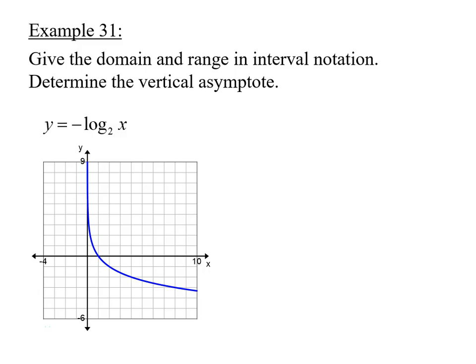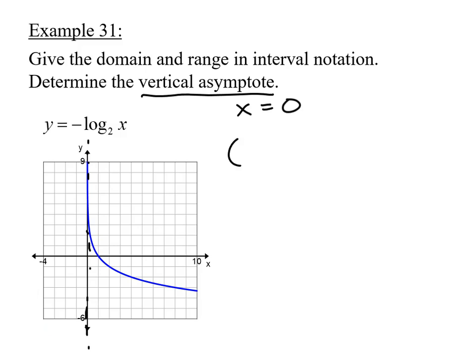So here we're to give the domain and range again. So the domain on this one, it looks like it's bounded here by the x equals 0. So right here, the y-axis is the vertical asymptote, which is technically x equals 0. The domain, how much can it go left and right?